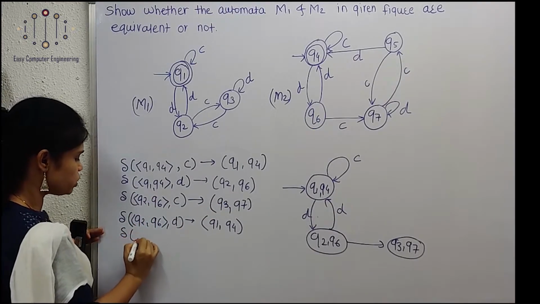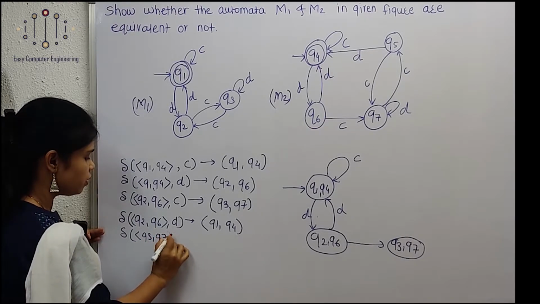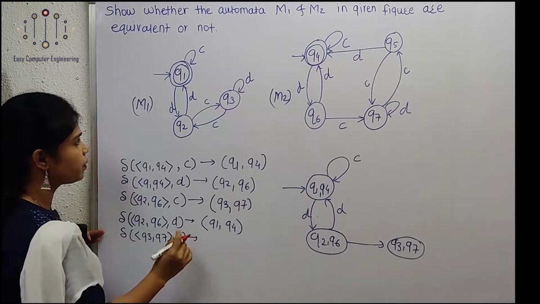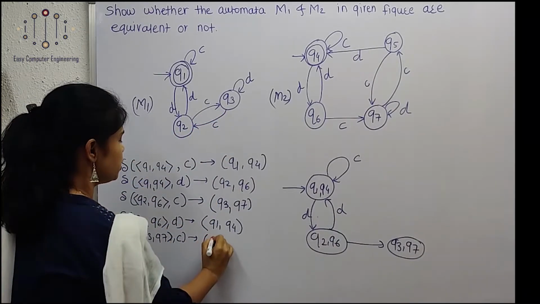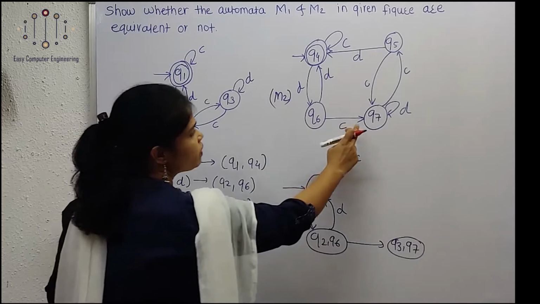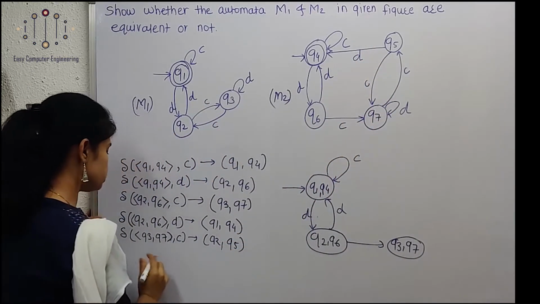Now for Q3, Q7, we got a new state on the C transition. Q3 on C is Q2 and Q7 on C is Q5, so we got a new state.